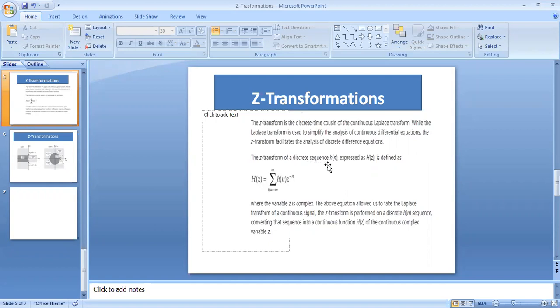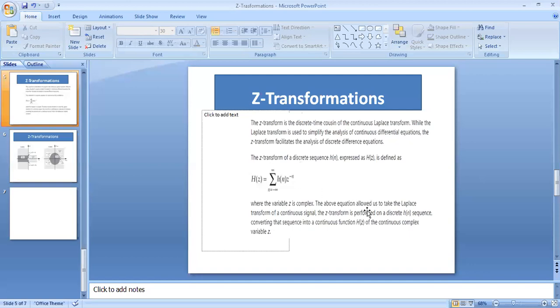The Z transform of a discrete sequence h[n] is defined as H(z) equals the sum from n equals minus infinity to plus infinity of h[n] z to the power minus n, where the variable z must be complex. Z is a complex number.